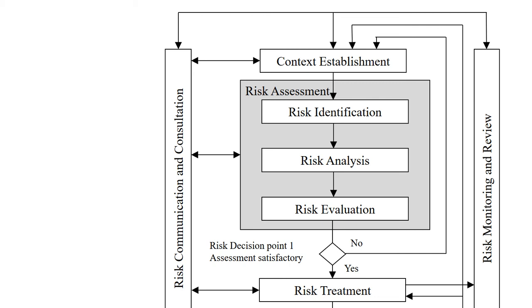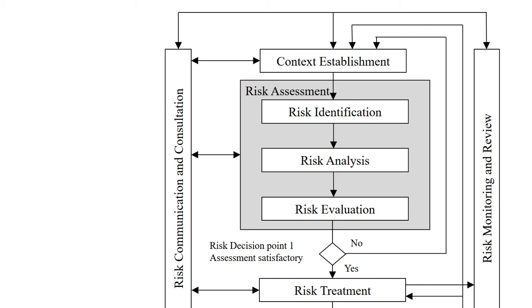It means that if you are not satisfied, it signifies that there was something missing in the context establishment phase, or maybe the risk assessment phase. So that's why we should redo it. If you are satisfied, then you go for the risk treatment. And if you are satisfied with the outcome of the risk treatment phase, then you go for the risk acceptance.